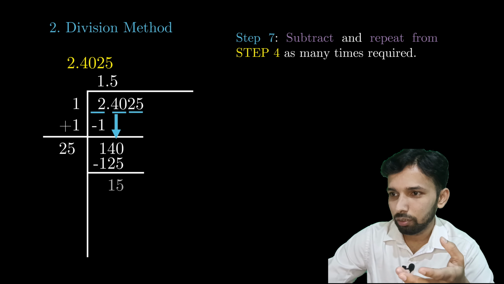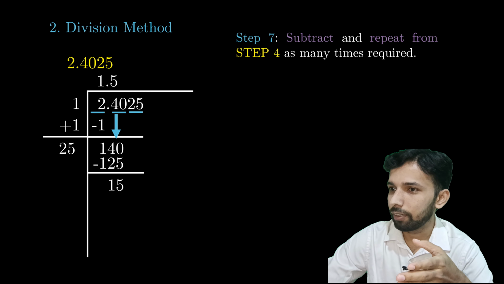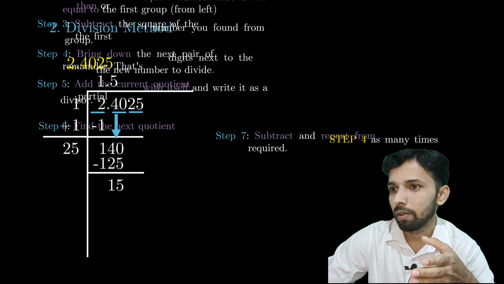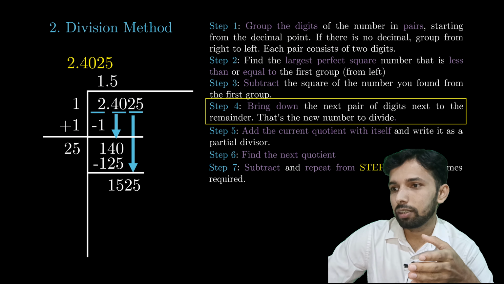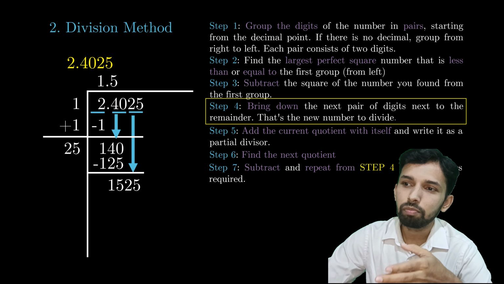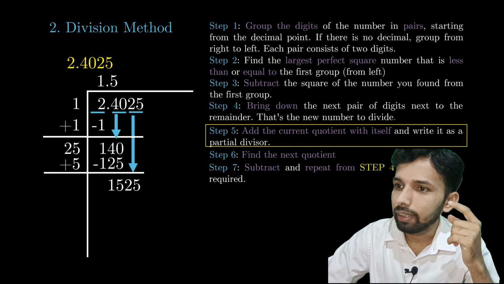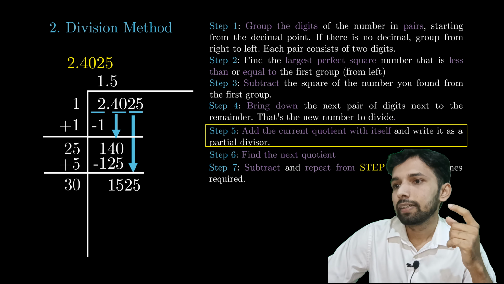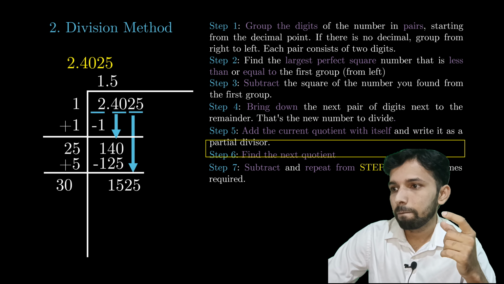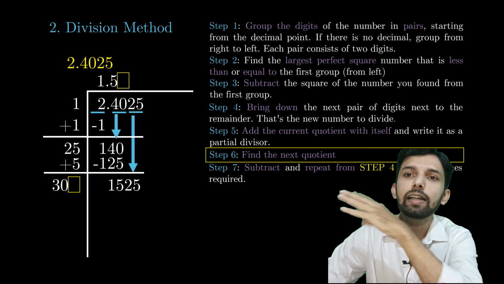Now we subtract 125. We put 5 in both those places, and then we get 15 out of the subtraction. And then we bring down the next pair of digits, making us the number 1525. Okay. Don't forget to add the quotient, that is 25 plus 5, making it 30 for us. And then we'll write it as the partial divisor, making it 300 something.